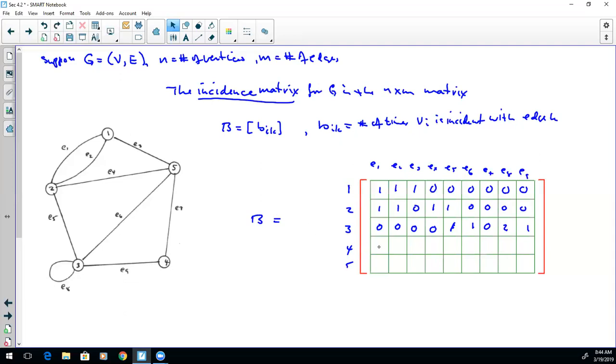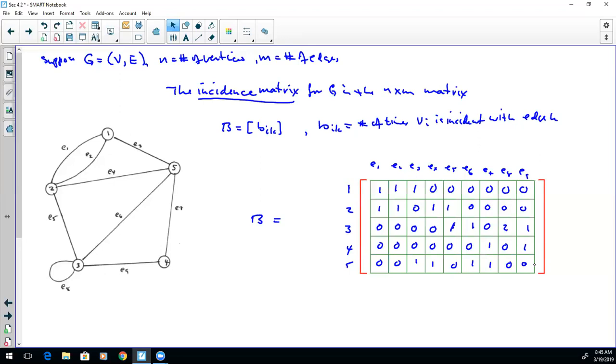Vertex 4: edges 1, 2, 3, 4, 5, 6, none of those touch 4. 7 does, 8 doesn't, and 9 does. And finally, vertex 5: edges 1 and 2 don't touch 5. 3 does, 4 does, 5 doesn't, 6 does, 7 does, 8 doesn't, and 9 doesn't.